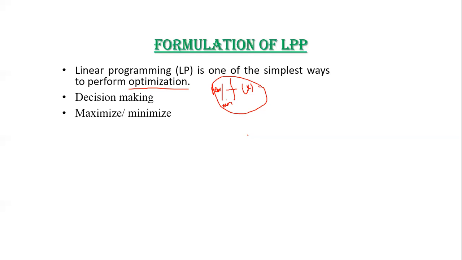That depends on the objective, because if the objective function is a cost function, definitely that should be minimum. If the objective function is a profit function, definitely it should be maximum. That depends on the nature of the function. If it is a profit function, definitely we have to maximize. There is no doubt about it, right?